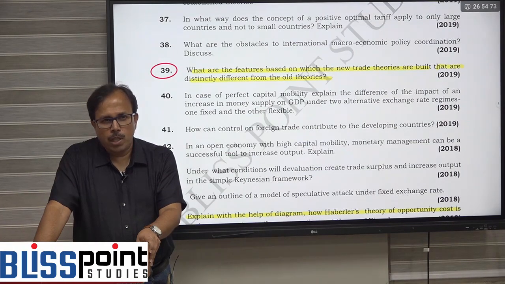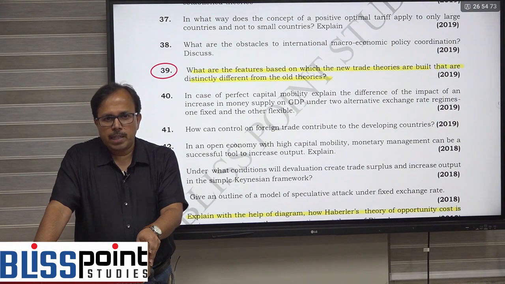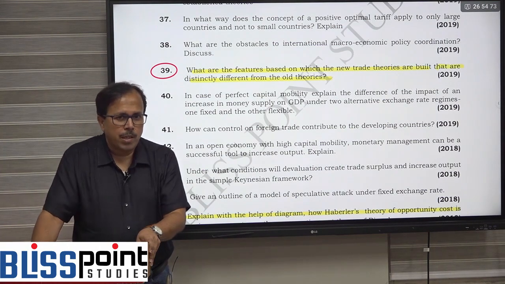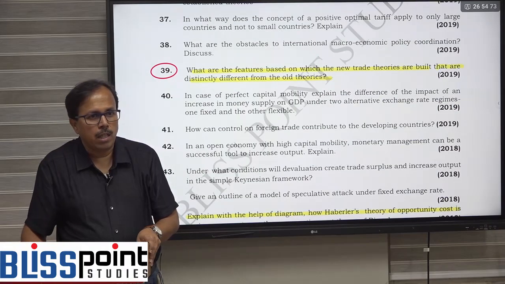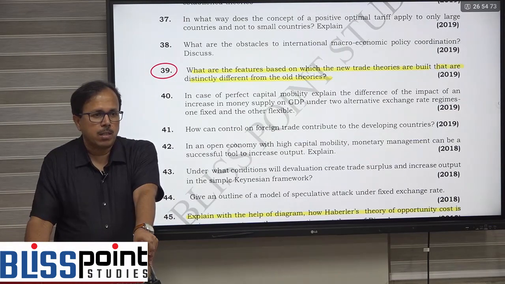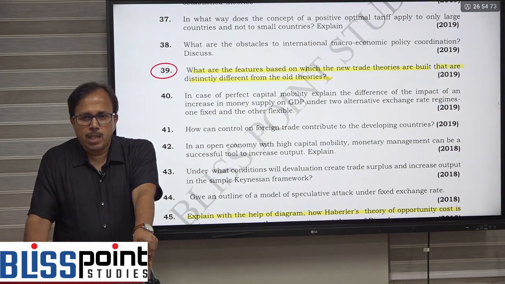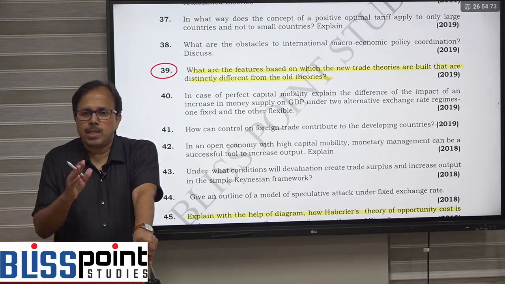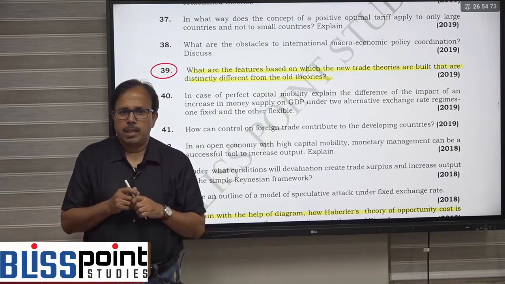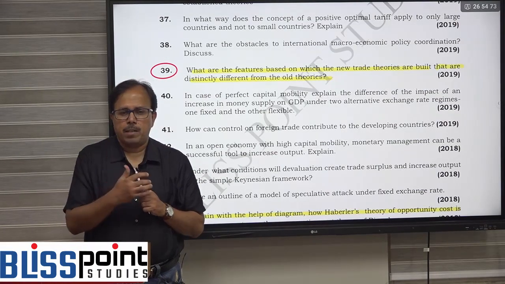Old theories explain only inter-industry trade. New will explain intra-industry trade also. Pattern of trade is more predictable in the old trade. It is not predictable in the new trade theories. Old trade theories basically explain if two countries are very similar in terms of the endowment, then which type of trade will dominate.